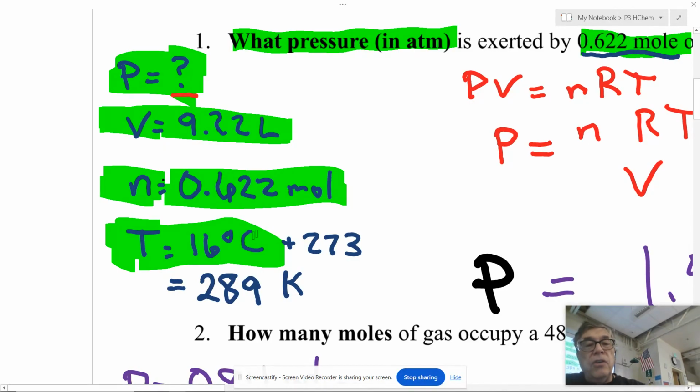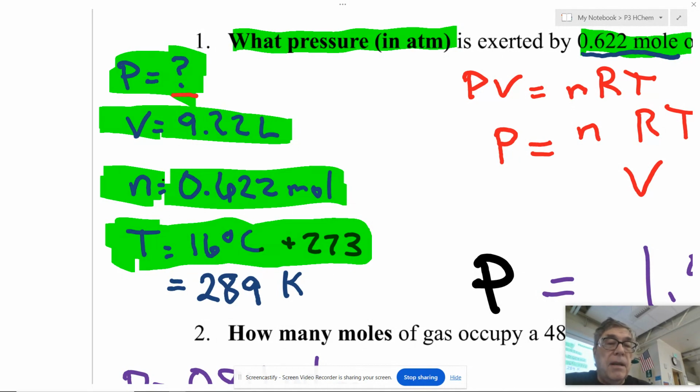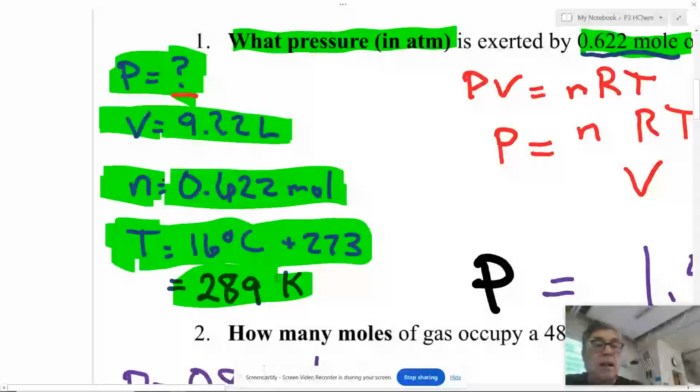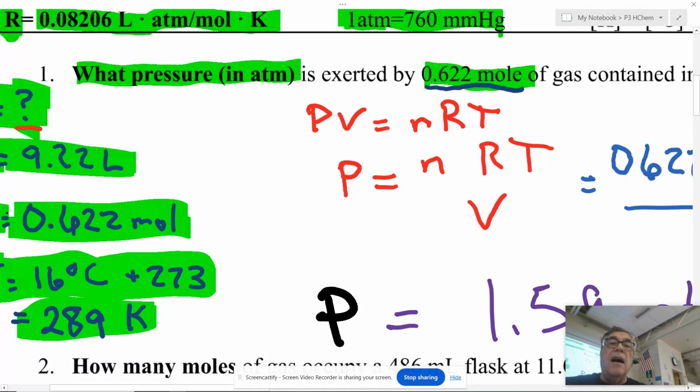You have to use Kelvin for the reasons we described this morning. The kinetic energy and Kelvin temperature is a linear relationship that must be used. So that's 298 Kelvin.